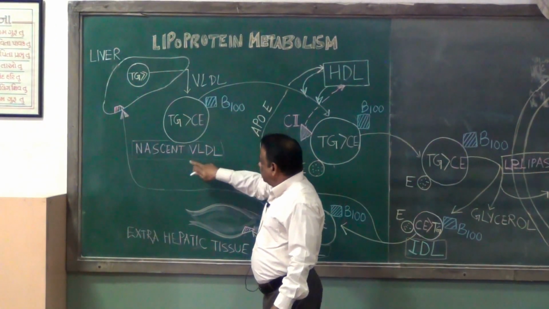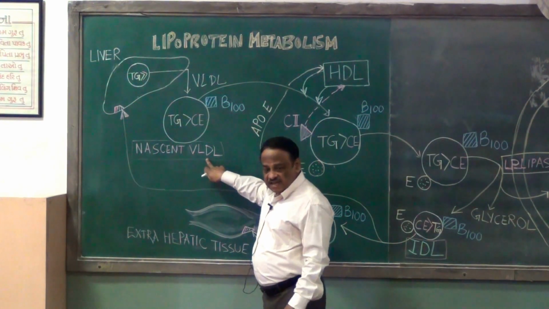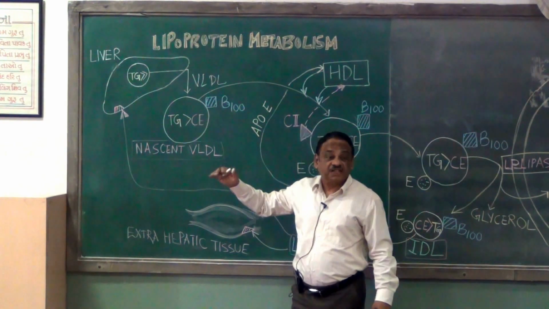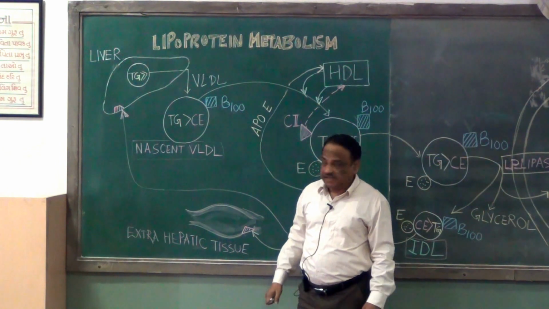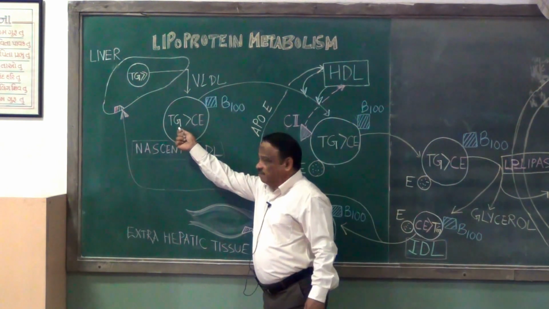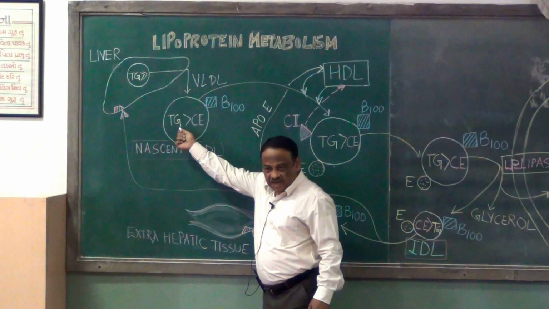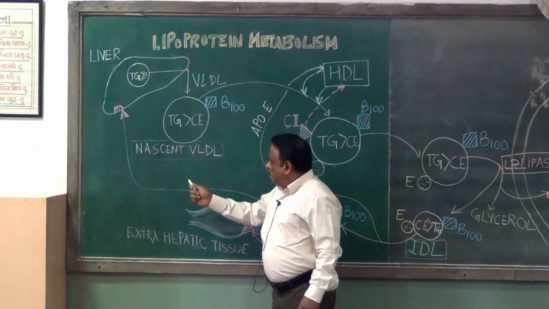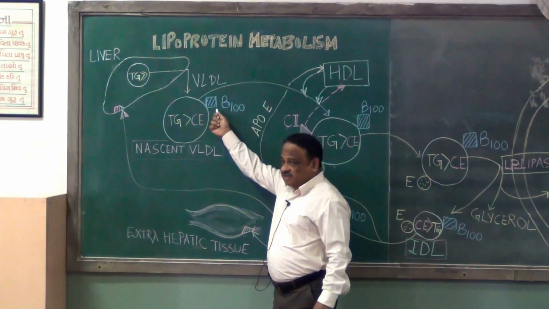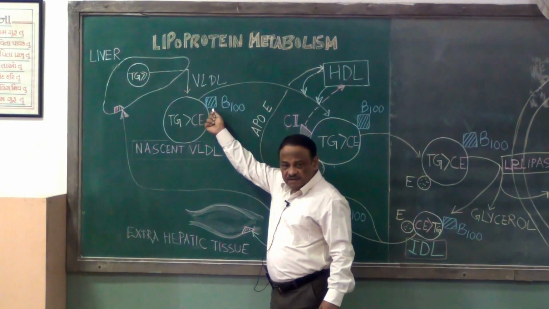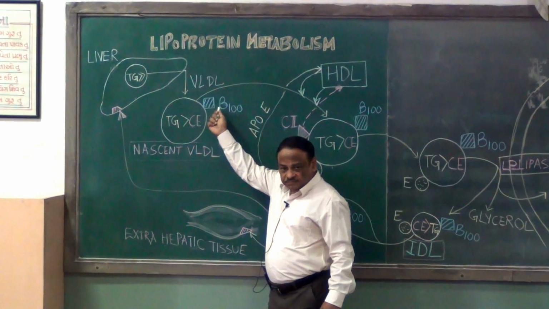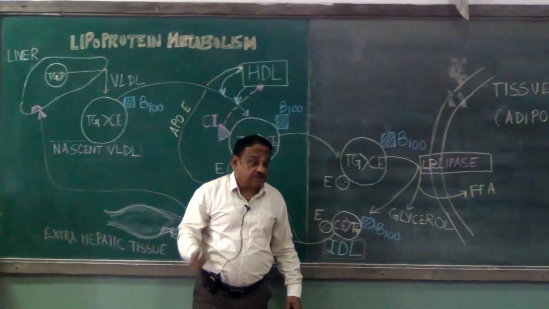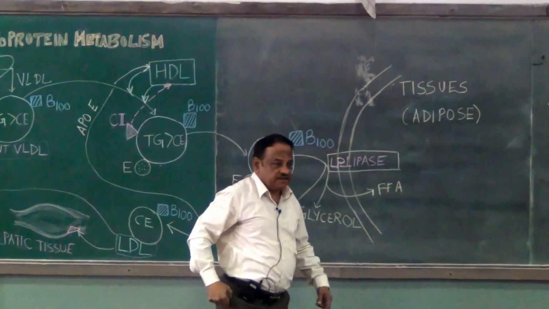VLDL is formed as a nascent VLDL, and you may also call it an immature VLDL. It contains maximum triacylglycerol or triglyceride, then cholesterol ester. It has one apoprotein known as ApoB100. Chylomicrons had ApoB48.